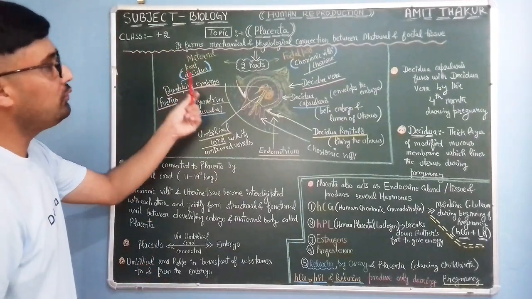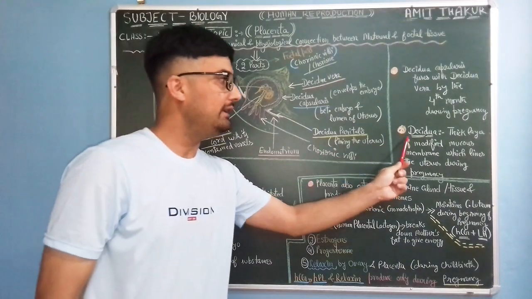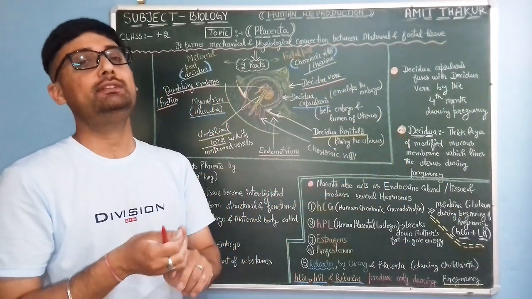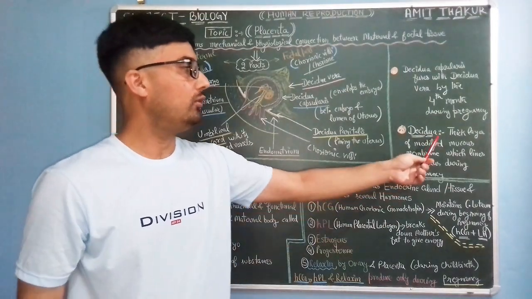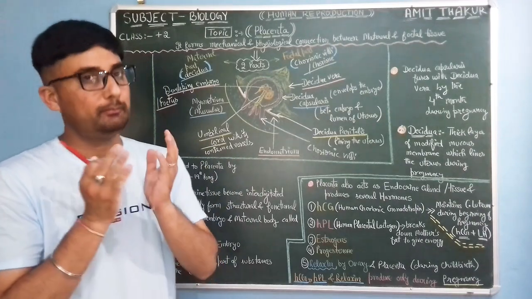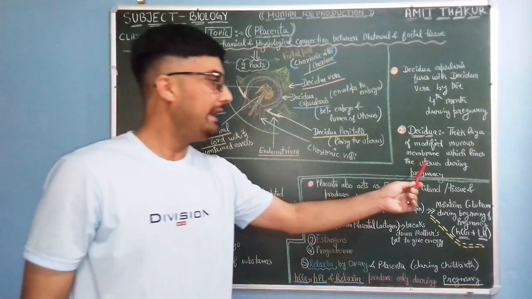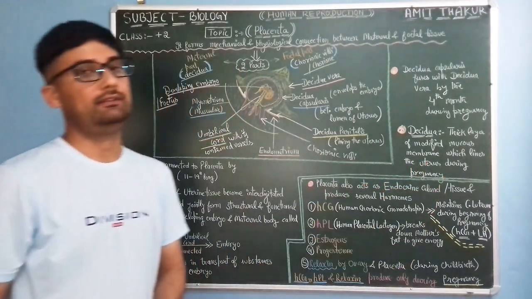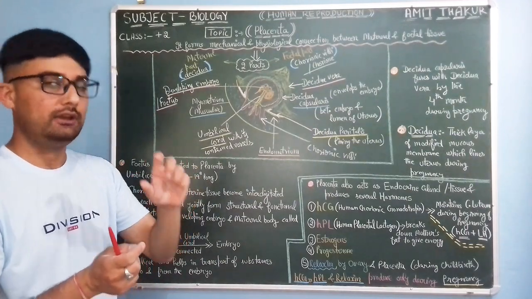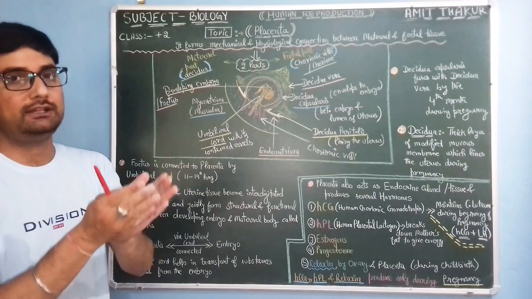What is decidua? Decidua is a modified thick mucus membrane which lines the uterus during pregnancy. यानी प्रेगनेंसी के दौरान जो म्यूकस मेम्ब्रेन है यूटेरस की, वो मॉडिफाई हो जाती है.